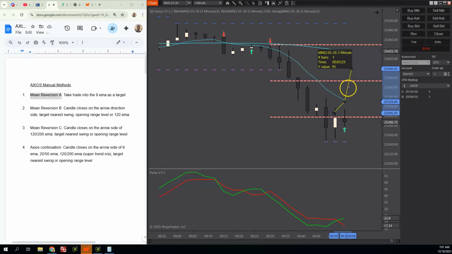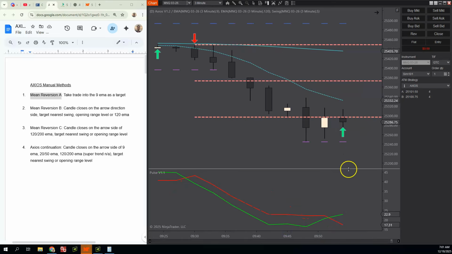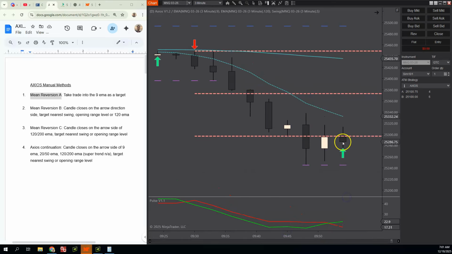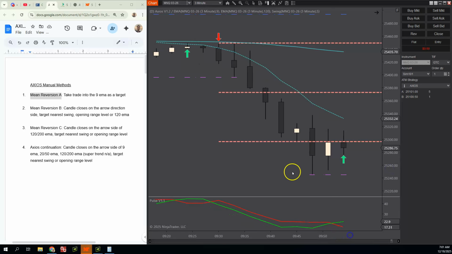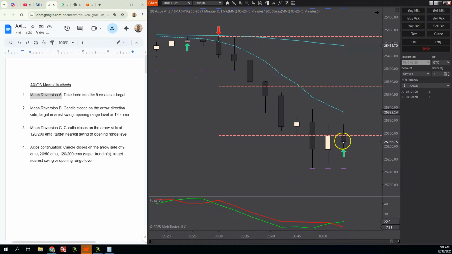Oh, also, sometimes you'll get a green arrow candle on a down bar. This bearish candle, we still put in a green arrow. It's just a testament to how cool the math is behind these Axios arrows. So we would enter here at the close of this candle, and then our target would be placed up here for 172 ticks.